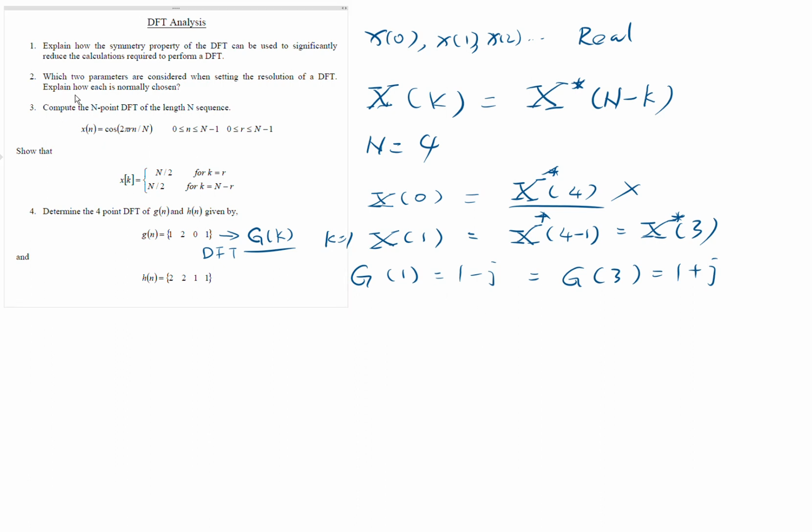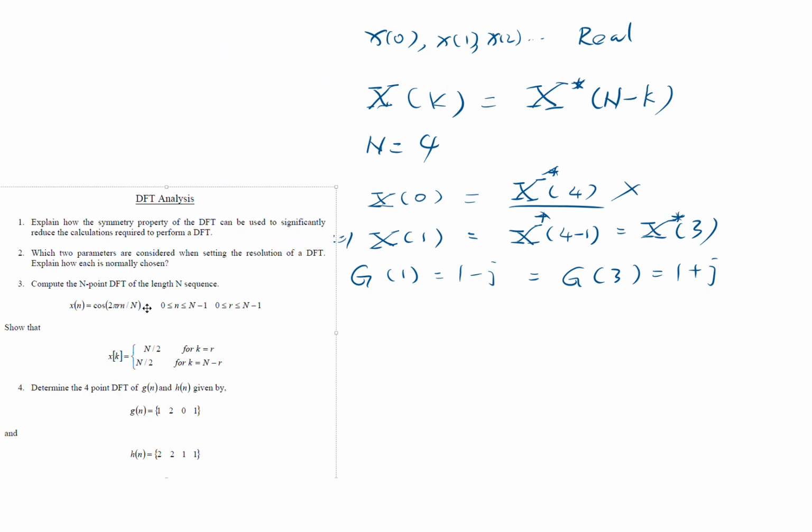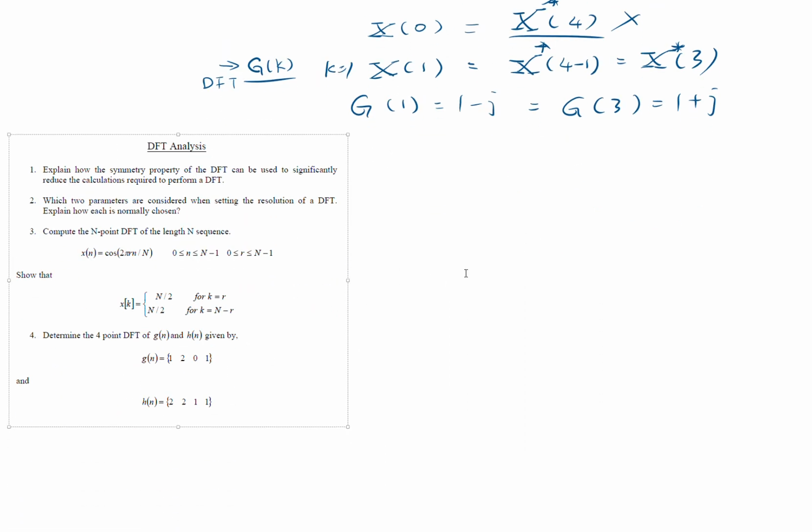Okay, for the second question, maybe move it down a little bit. So for the second question, which 2 parameters are considered when setting the resolution for DFT? Okay, we have an equation, I think Owen mentioned this during the class, which is k over capital N equals fa over Fs.